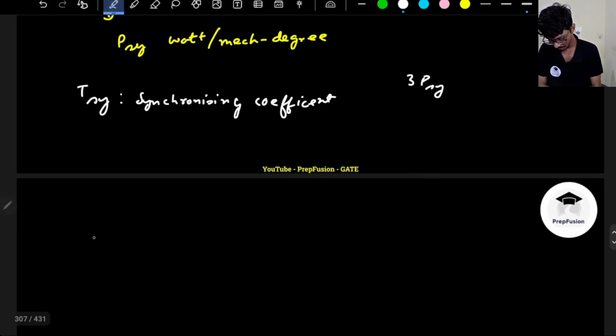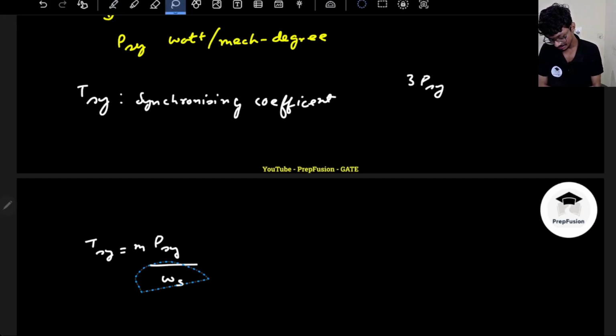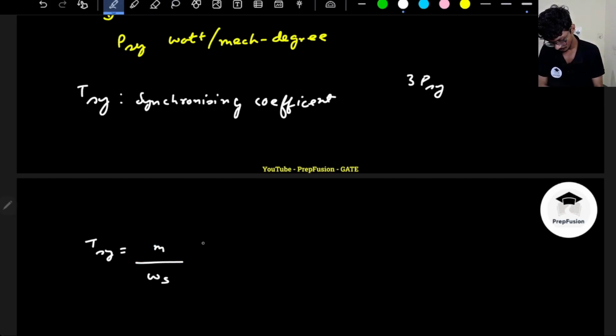The normal one, T synchronizing, will be PSY upon omega s into M. What is M? M is the number of phases. What is PSY? PSY is del PE upon del delta E, if it is in electrical radian per second.